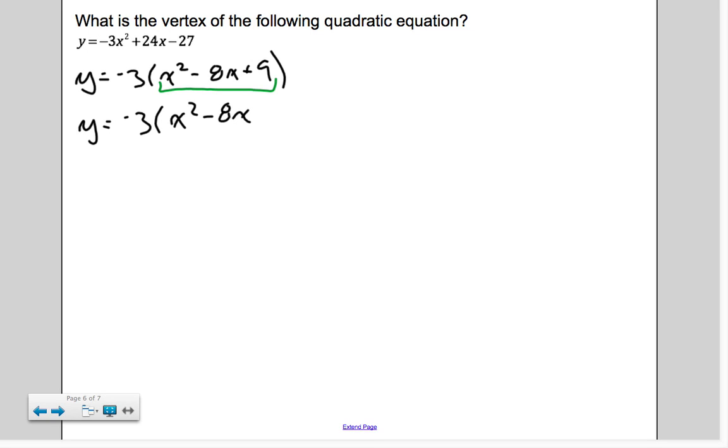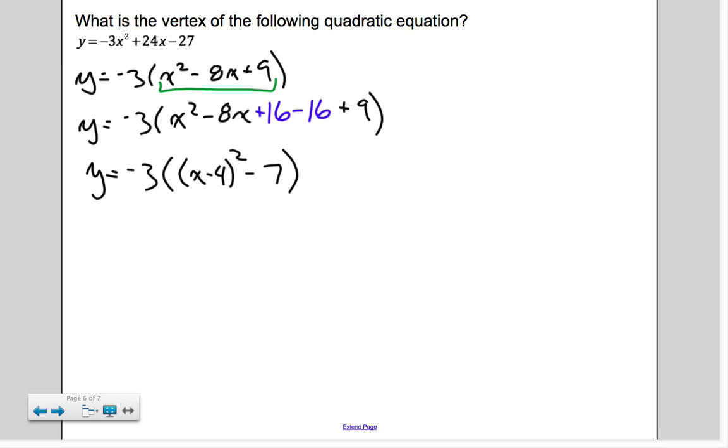And so -8 divided by 2 is 4 squared, and I have to have 16, so I have to subtract 16, and I still have my plus 9. Right? So what I want to rewrite this as is -3, and here I have my perfect square trinomial, x minus 4 quantity squared. And here I have minus 16 plus 9 is minus 7.